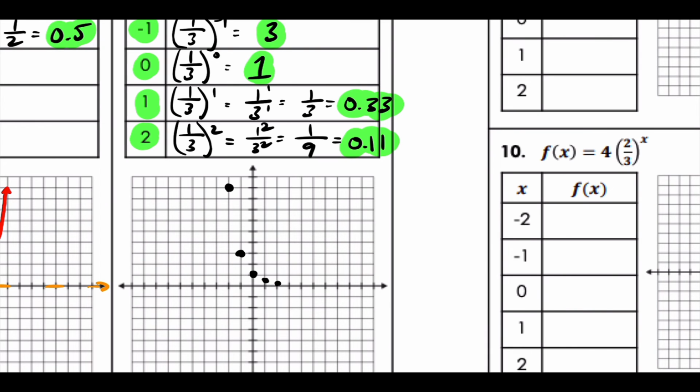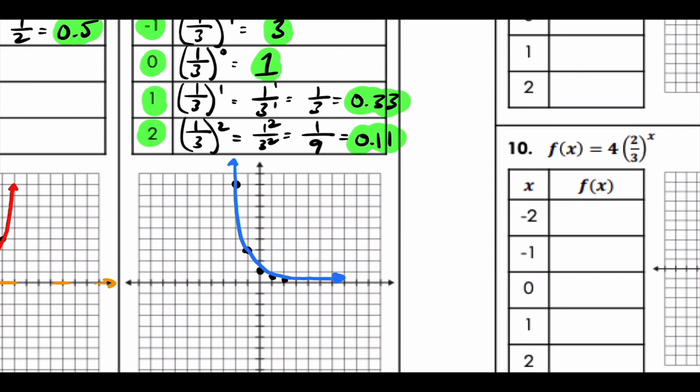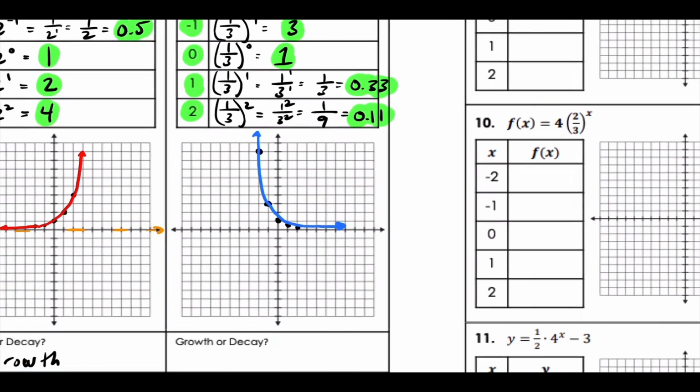And then the last one, you're barely going up anything. 0.11 is not even going up 1 full, not even half a unit. Okay. There's the graph.